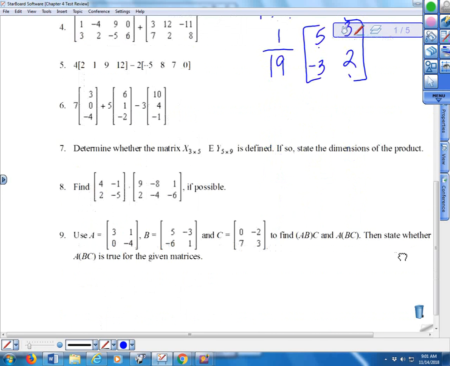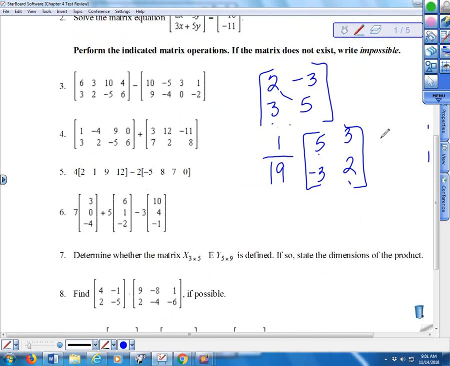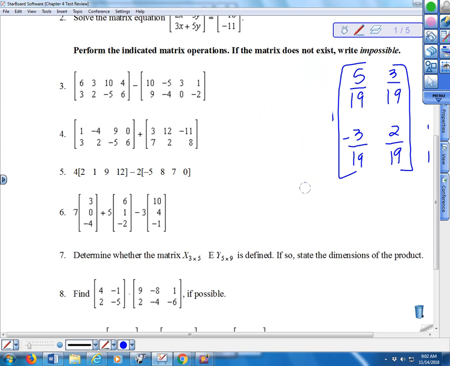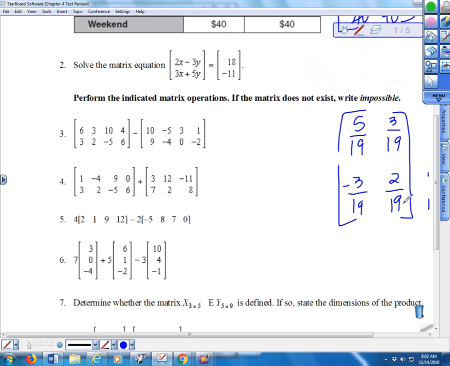Okay, so this becomes 5 19ths, 3 19ths, negative 3 19ths. I'm going to move this over. And 2 19ths. So that's my inverse matrix. 2 by 2. There's lots of fractions. Okay, and I'm going to multiply it by my constant matrix.